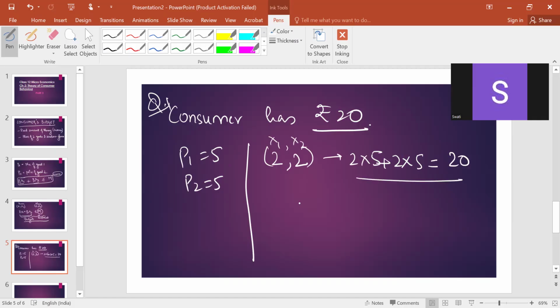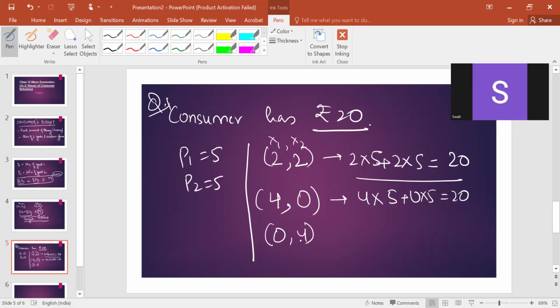So this is what he can purchase. Other combinations: he can purchase 4 quantities of X1 and 0 quantities of X2. So it would be 4 into 5 plus 0 into 5, which also comes out to 20. Next, you can also have 0 quantity of X1 and 4 quantities of X2: 0 into 5 plus 4 into 5.